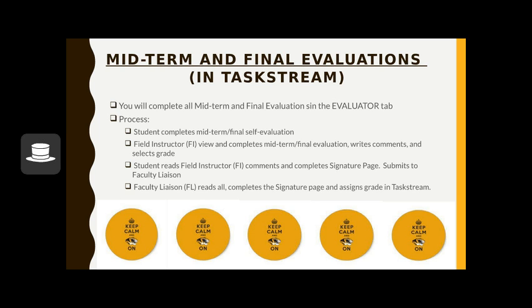So when you first log on, you'll be able to see a tab that's a reviewer tab and a tab that's an evaluator tab. For the learning plan and the journal, you will always be in the reviewer tab. For any kind of midterm or final evaluation, you will be in the evaluator tab. If you're in the wrong tab, you won't be able to see what I'm talking about.